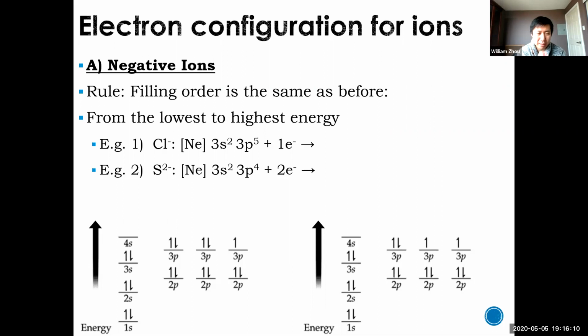So what I mean by that is if you look at example 1, chlorine with the 1 minus, so the chloride ion, the normal configuration for chlorine is just neon 3s2, 3p5. Okay, you're missing an electron. The whole point of making negative ions is that you complete your octet. You get enough electrons so that you have a full orbital in the p orbital.